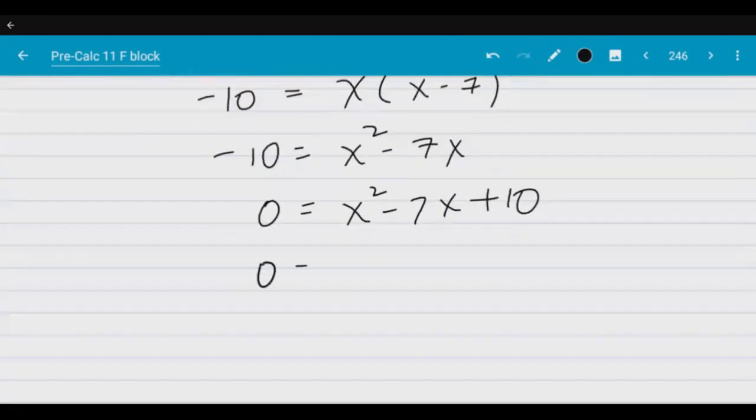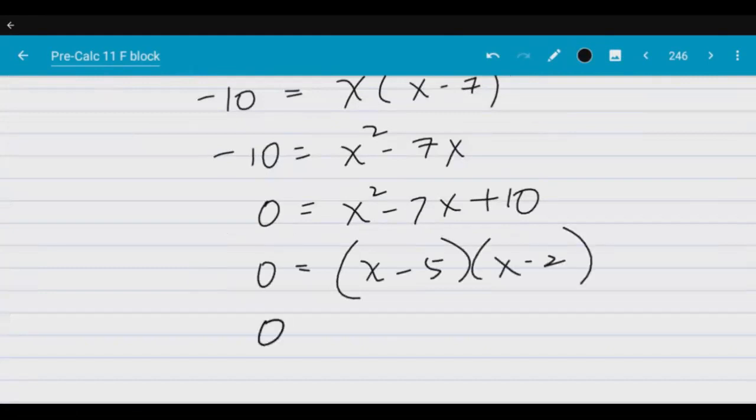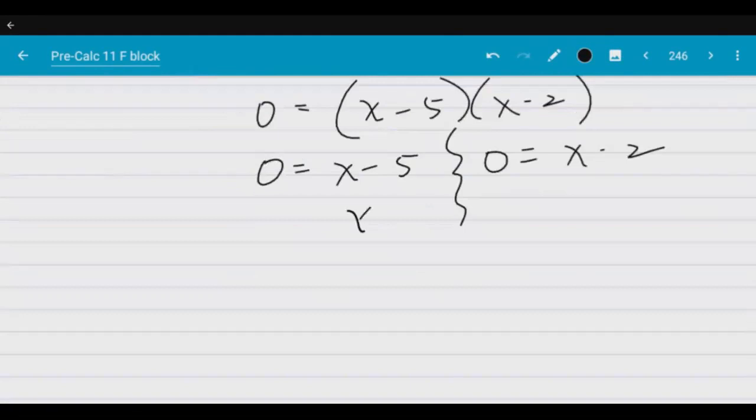Or 0 equals x minus 5, x minus 2. Or 0 equals x minus 5, and 0 equals x minus 2. And of course, x is equal to 5, and x is equal to 2. So those are the two answers that we have.